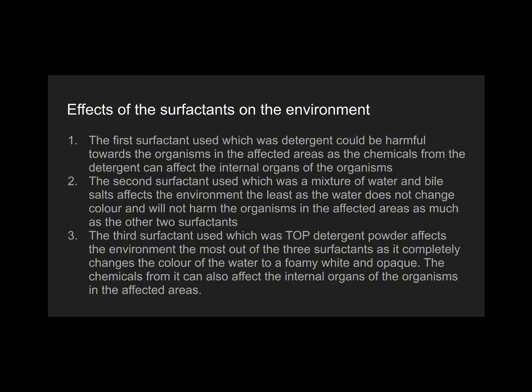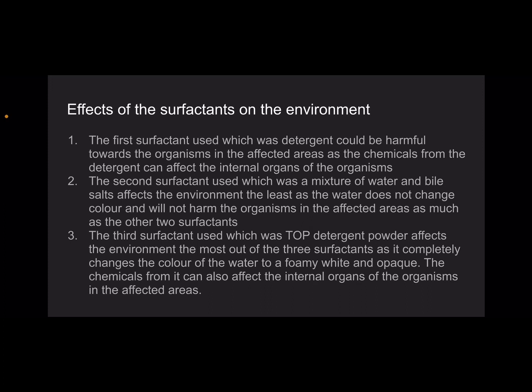Effects of the surfactants on the environment. The first surfactant used, which was detergent, could be harmful towards the organisms in the affected areas, as the chemicals from the detergent can affect the internal organs of organisms. The second surfactant, which was a mixture of water and bile salts, affects the environment the least, as the water does not change color and will not harm the organisms in the affected areas as much as the other two surfactants.